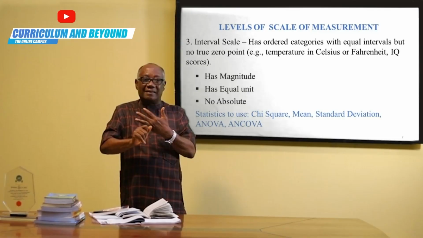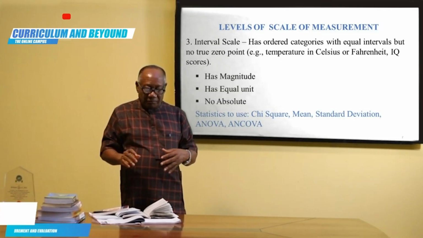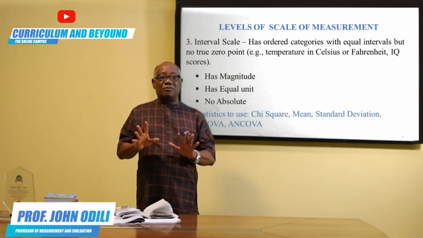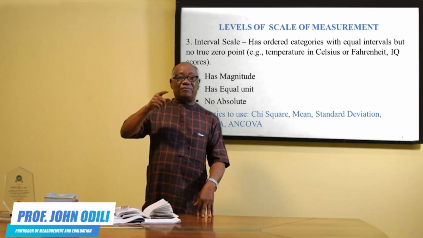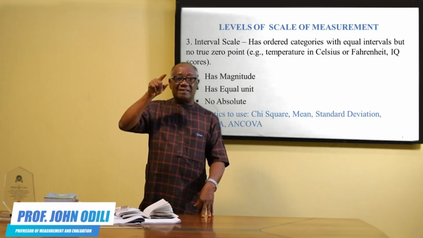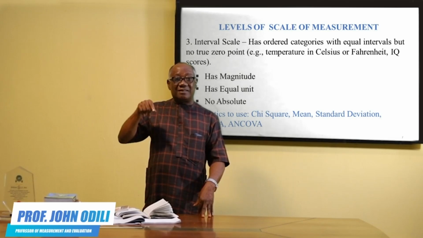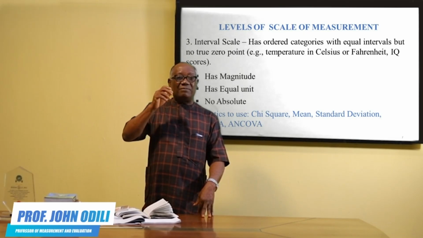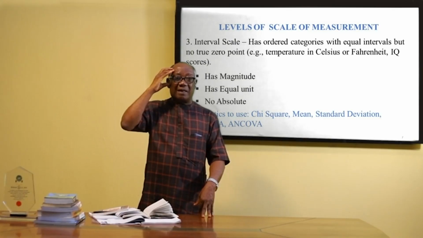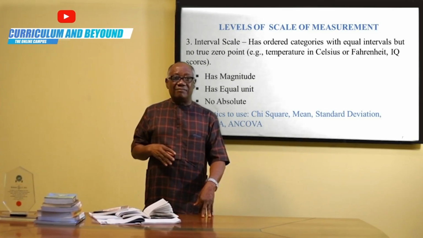But there is no absolute zero, because even if we give a mathematics test and somebody has 0, it is not true to say that that person has no trace of mathematics ability within him.